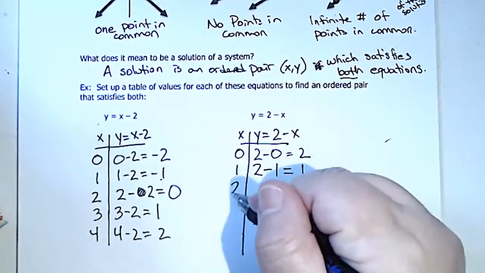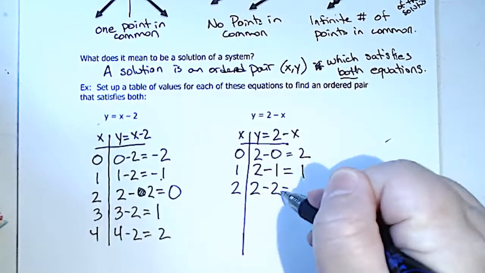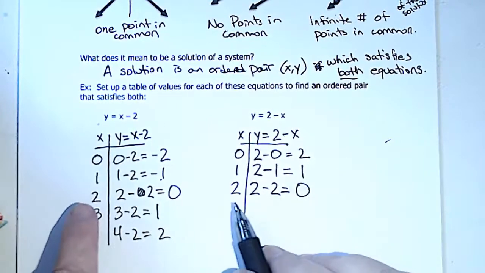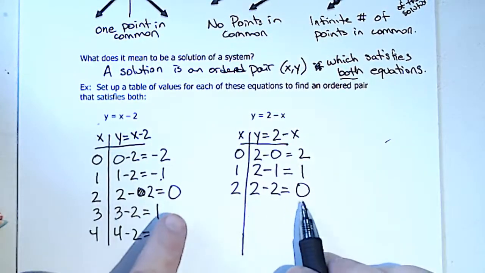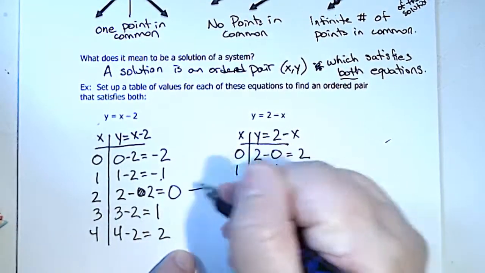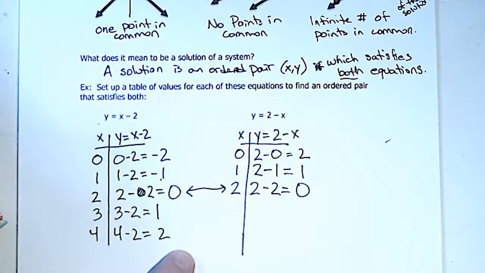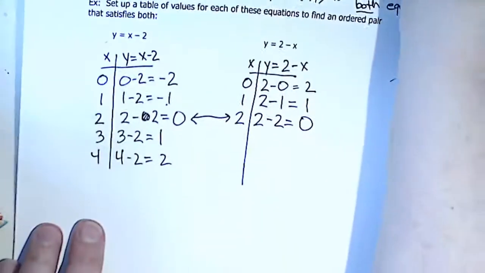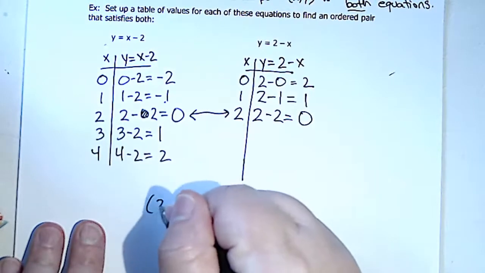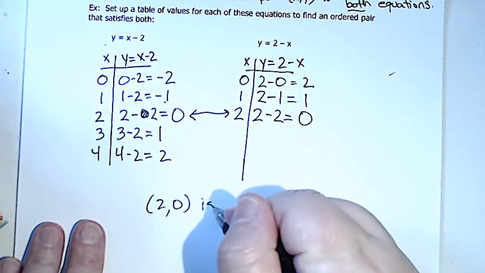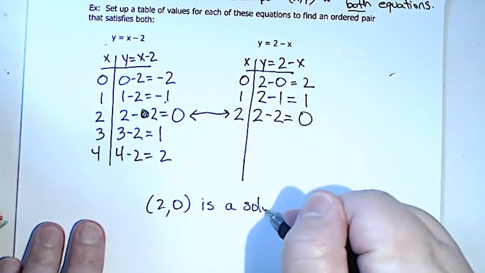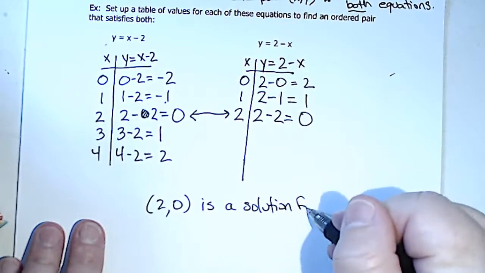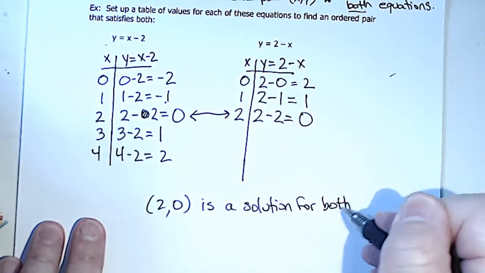Okay. 2. 2 minus 2 equals 0. Whoa, look at this. When x is 2, y is 0 for both lines. So the point 2, 0 is a solution for both equations.